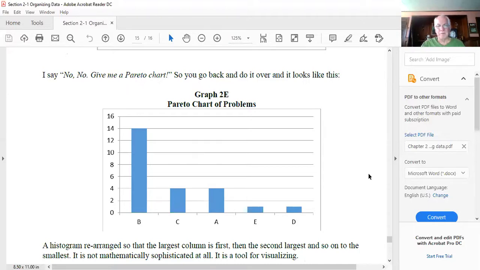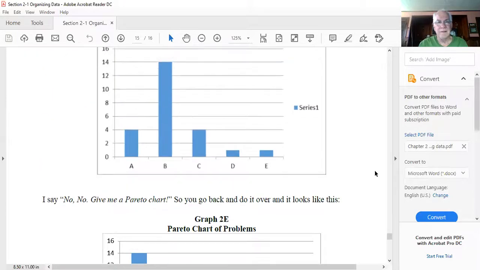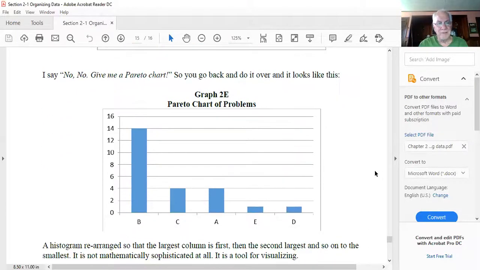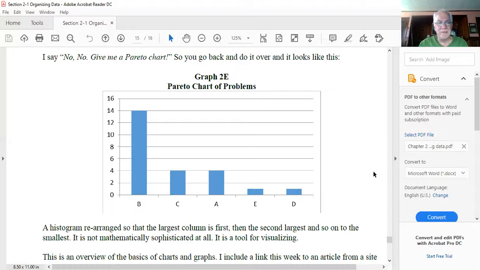Now, why do you do it? Because visually, it communicates much more clearly where you should be focusing your energy. Remember at the beginning of the chapter, I said statistics is about presenting data. You can present it this way, and visually what it says to you is, you ought to deal with this one first.